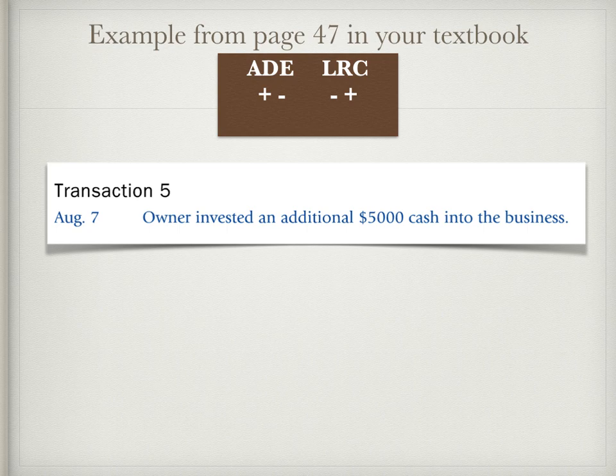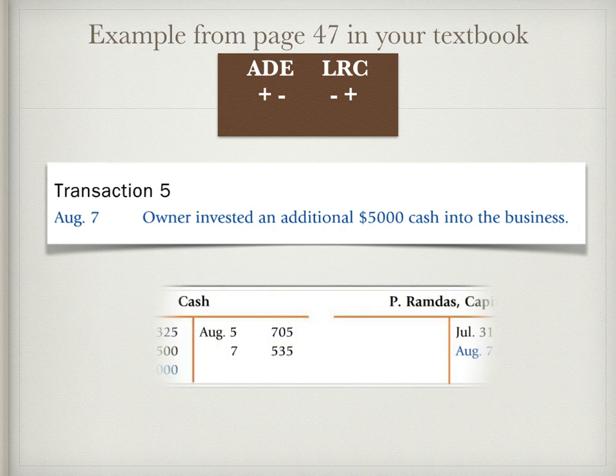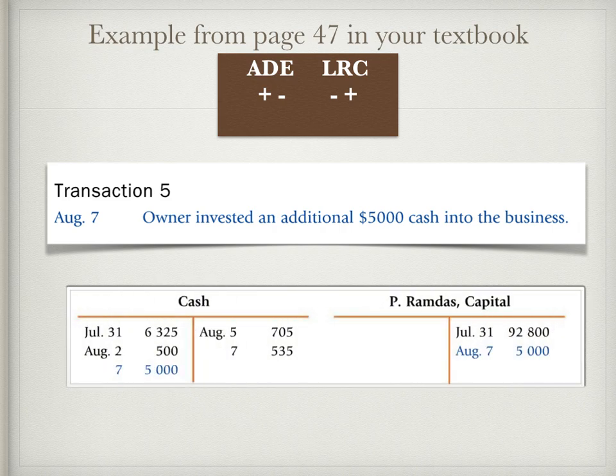And then our last transaction, the owner invested an additional $5,000 cash into the business. So when we see the owner invested, we know capital is one of the accounts. What did he invest? Cash. So cash is going to be the other account. So our cash is going up. The business's cash is going up because the owner is giving more cash to the business.